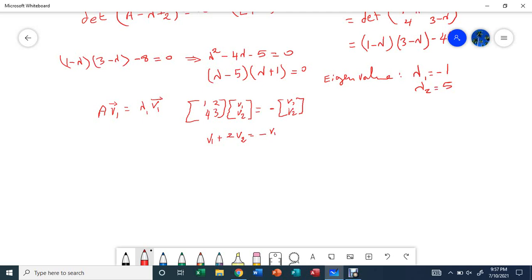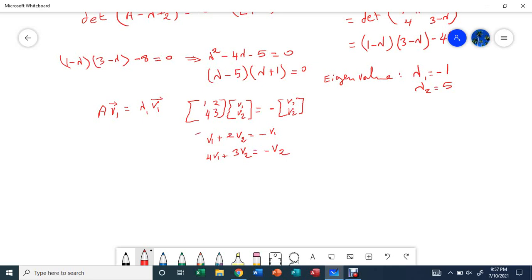Same thing for the second row: 4v1 plus 3v2 equals -v2.